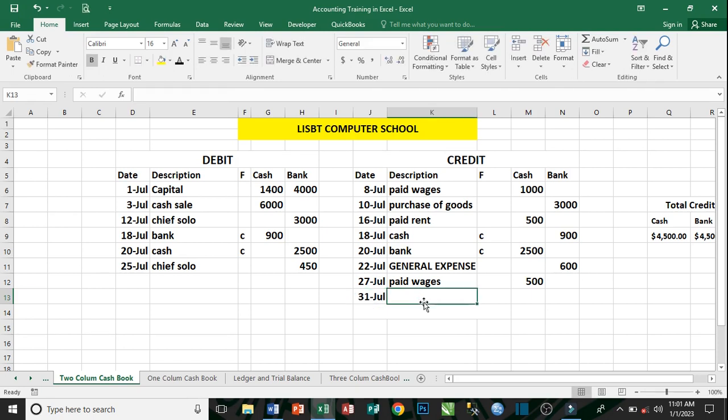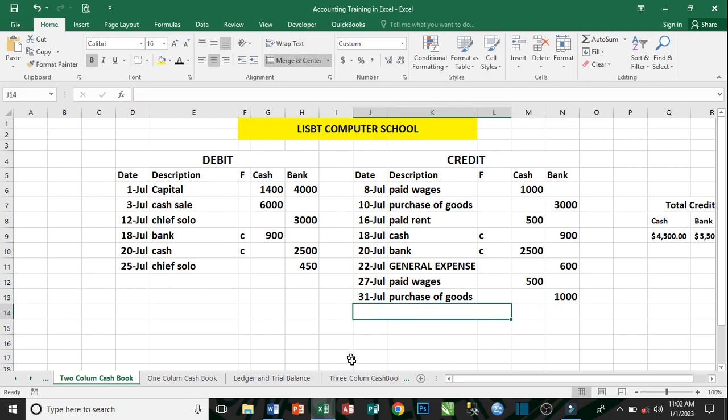You use the tab key to go to the next column. What do we do on July 31? Purchase of goods. How much was the goods? Purchase of goods by check, $1,000. It will be recorded on the bank side. Then press enter.